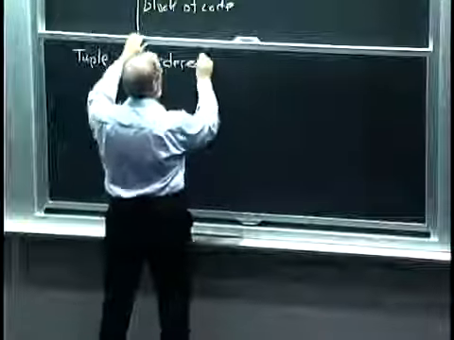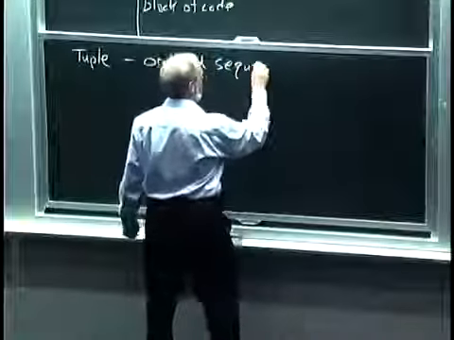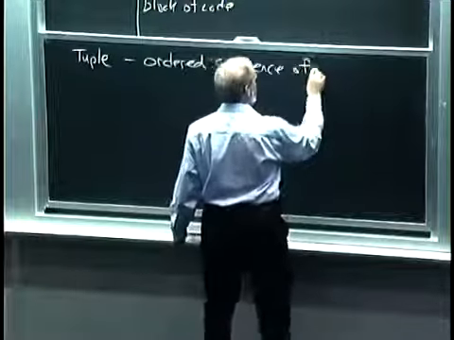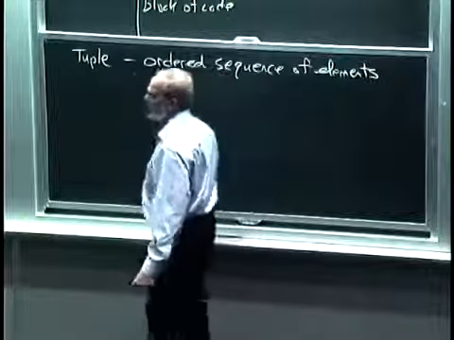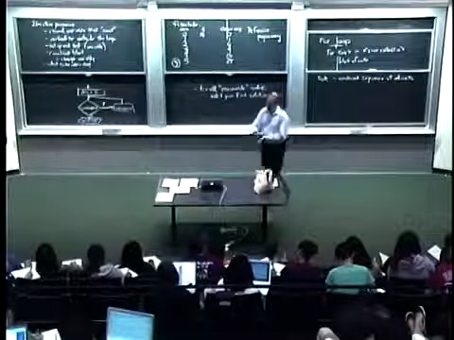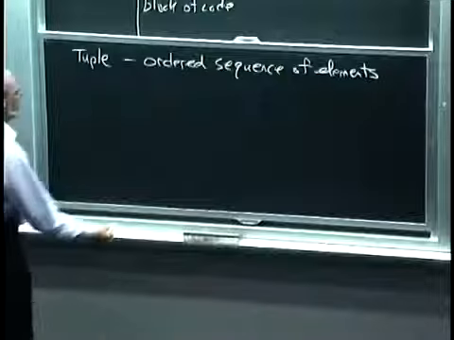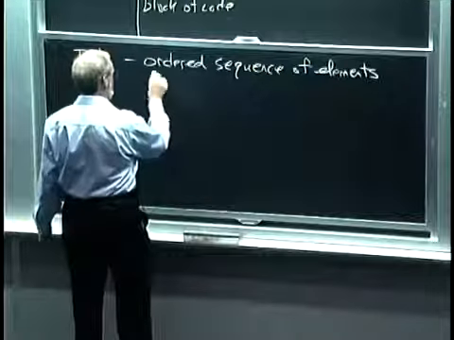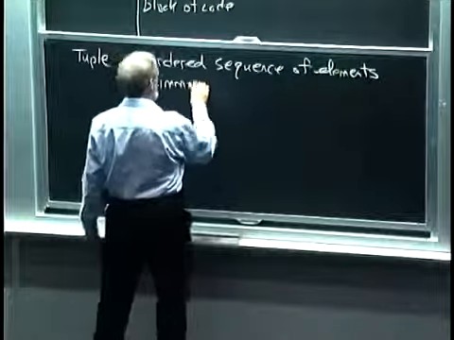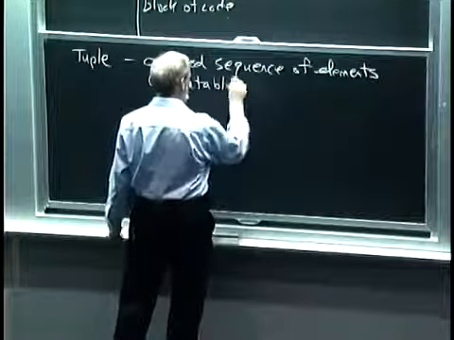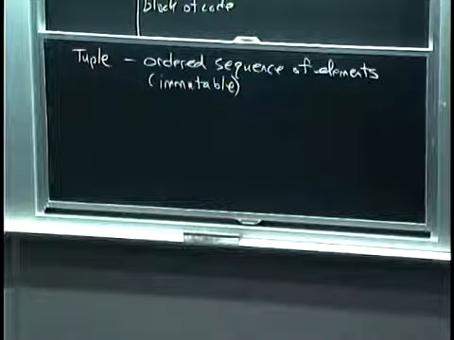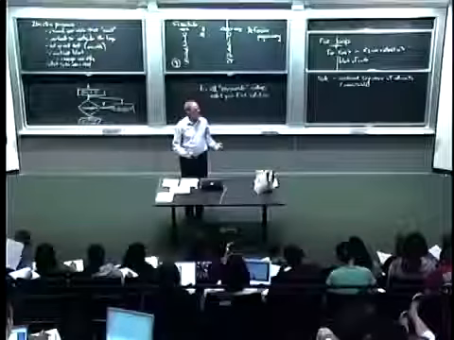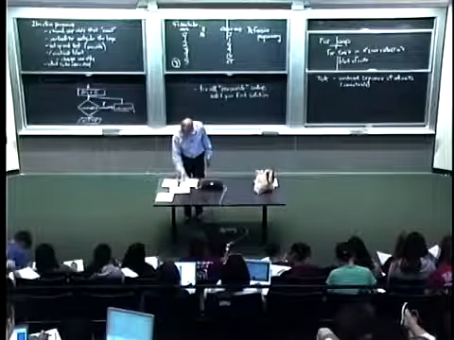And this is an ordered sequence of elements. Now, I'm going to actually add something to it that's going to make sense in a couple of lectures, which is it is immutable, meaning I cannot change it, and we'll see why that's important later on. But for now, a tuple is this ordered sequence of elements.